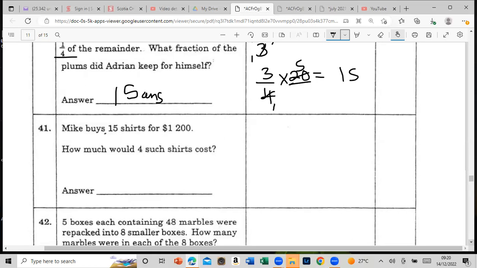Alright, so what I would suggest to you guys, whenever you get these types of questions, always find out what one costs. And to find out what one costs, we're going to divide 1,200 by 15. Let's go. So remember, no calculators are allowed.